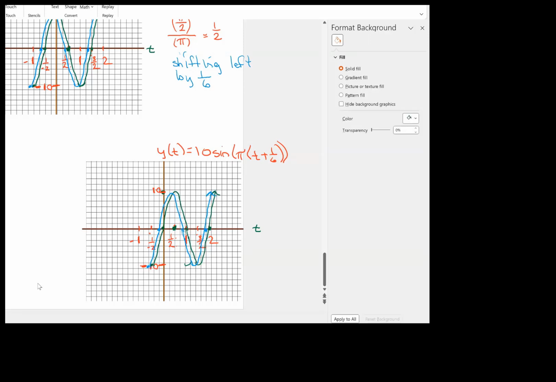All right, I did a little bit behind the scenes here, but I just took that graph, copied it, and put it on this coordinate system. And notice this one is going through 0, 0. The green line is going through 0, 0 because that's the original sine graph. And the blue is shifted left by 1/6. And those are my X and Y graphs.